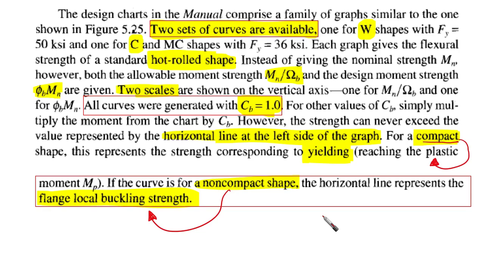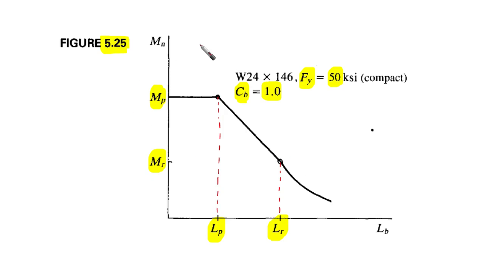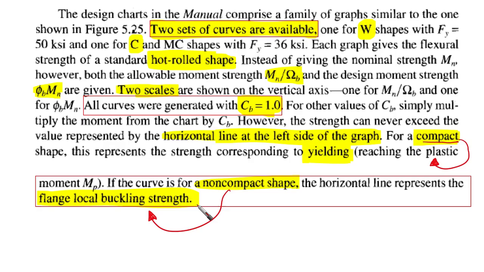Now let's go to another point which is important to note about the curves. The design charts in the manual comprise a family of graphs similar to the one shown in the figure before, which is this one. Two sets of curves are available, one for wide flange with F yield equal to 50 KSI, and one for C and MC, which means channels and miscellaneous channels, non-standard channel shapes, with F yield 36 KSI.